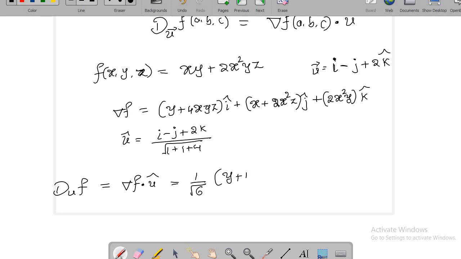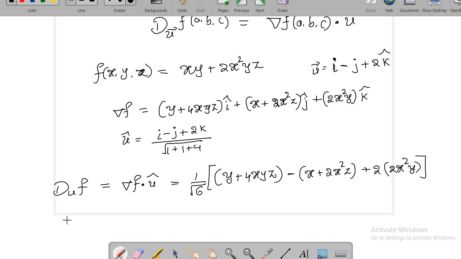This is y plus 4xyz, the first term, 1 times of this, minus of x plus 2x square z, plus 2 times of 2x square y. So this is the directional derivative in that direction.